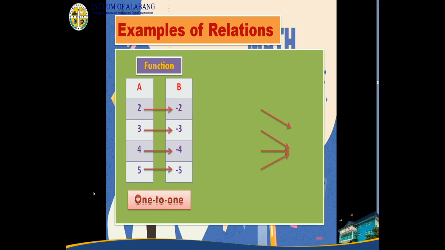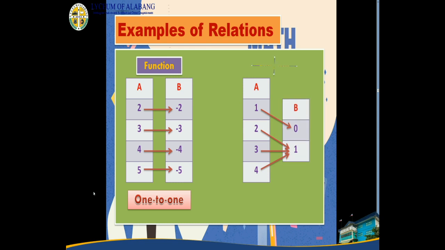The first diagram is an example of one-to-one relation as a function. One-to-one relation. Each element of the domain is being traced to one and only one element in the range. For the second diagram, what do you think?